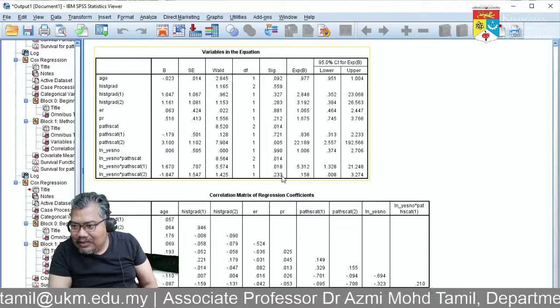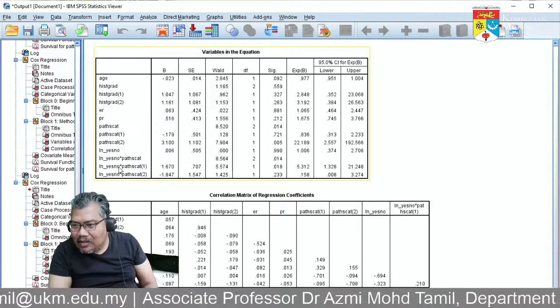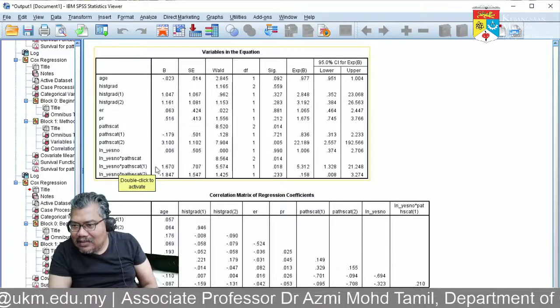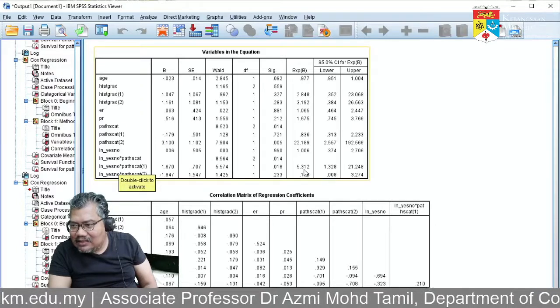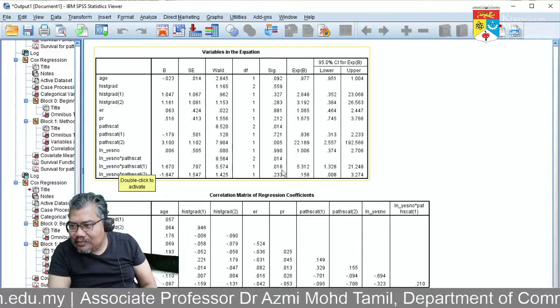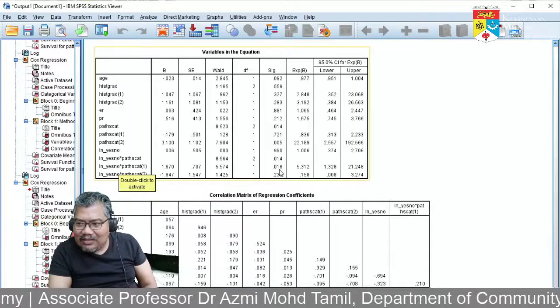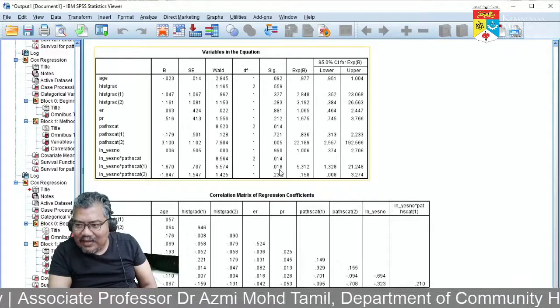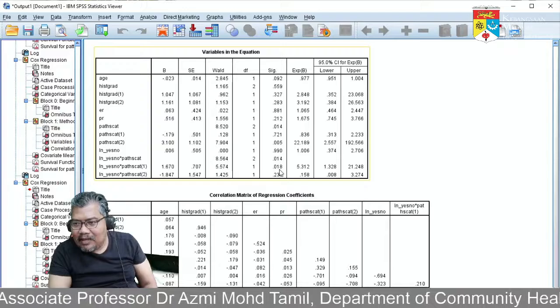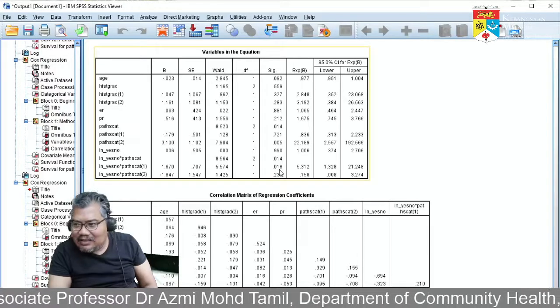Okay. So you can see here, tumor size, if it is the size of 2 to 5 cm and there is lymph node, it is significant.